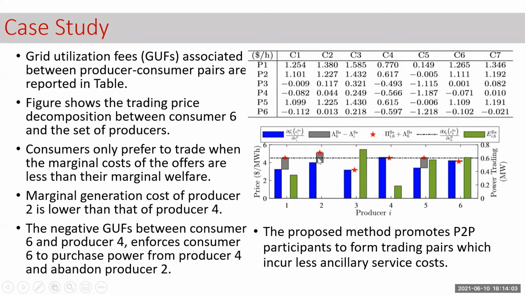However, with the ancillary cost, it has increased, so he is not sharing any power. The amount of power that consumer 6 is taking from each producer is shown with green bars. You can see that from producer 2 it is not taking any power because of the ancillary services cost. So he will select others, and it will import more from other producers instead.